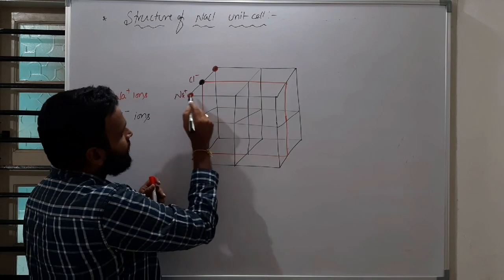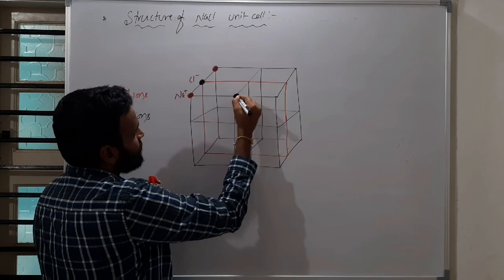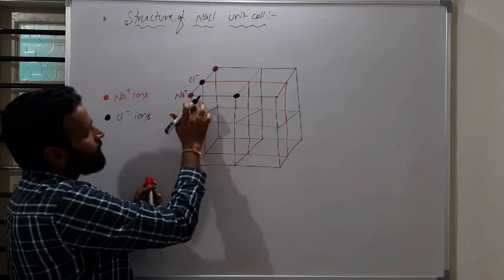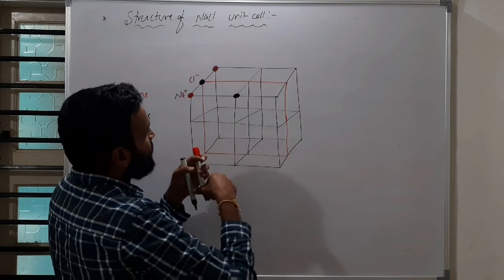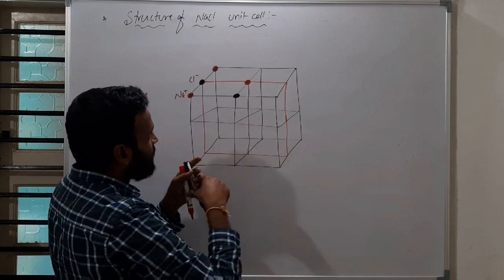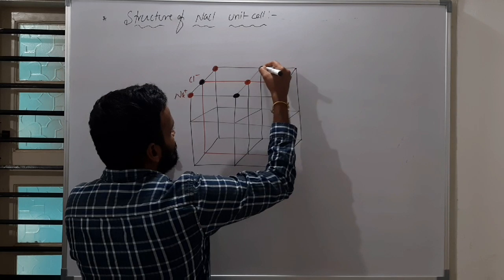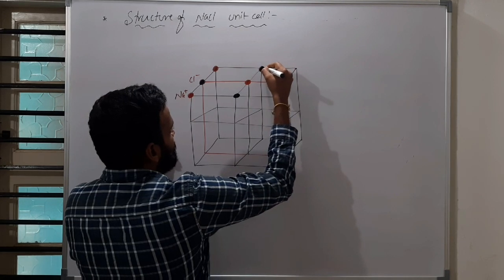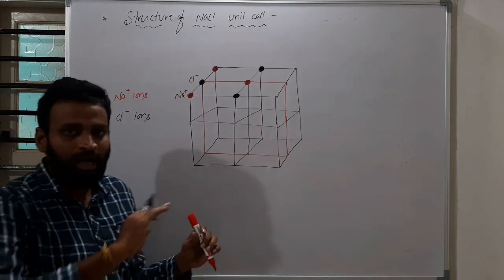Here you have Na+, so here you have Cl-. I hope you are following, everyone. Again here you have Na+, and here you have Cl- again. Got it?